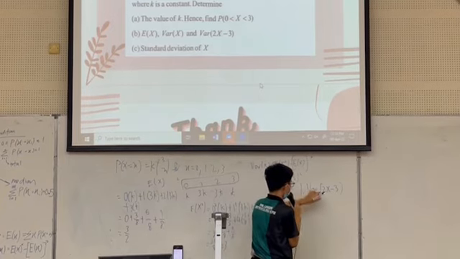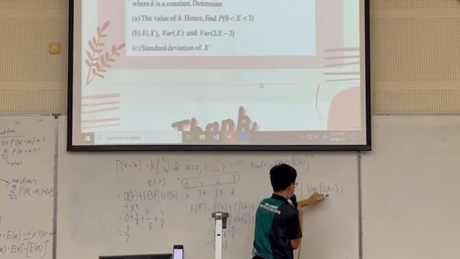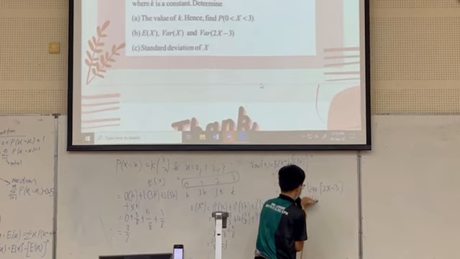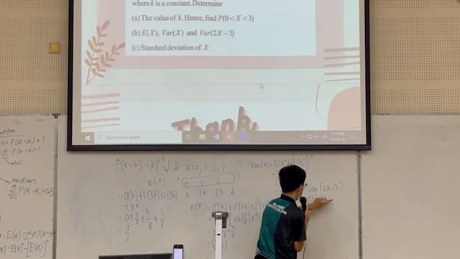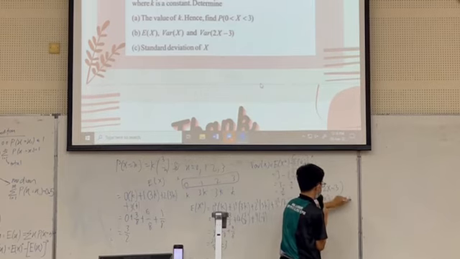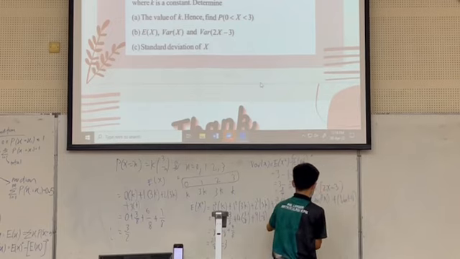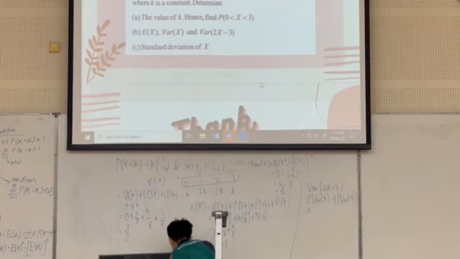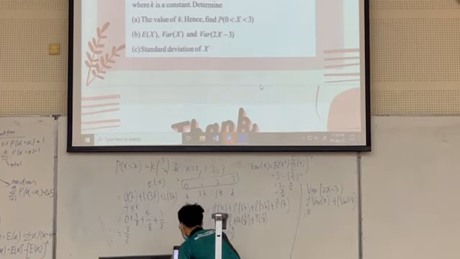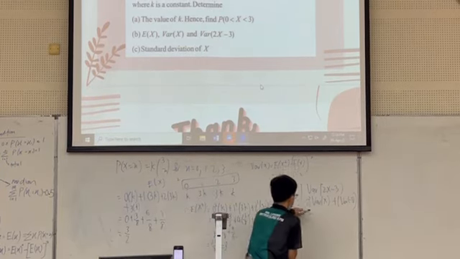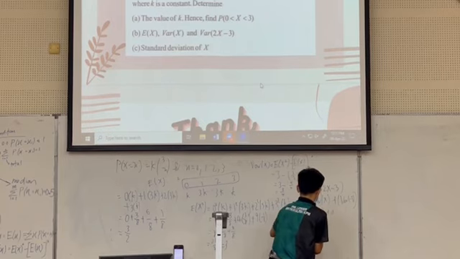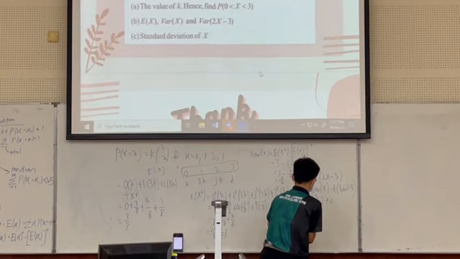So variance 2x minus 3 means that these two put in front, factorize, right? 2 squared, which is 4, times variance x, plus variance of minus 3, which is 0. Variance x is 3 over 4. So 4 times 3 over 4 is 3.